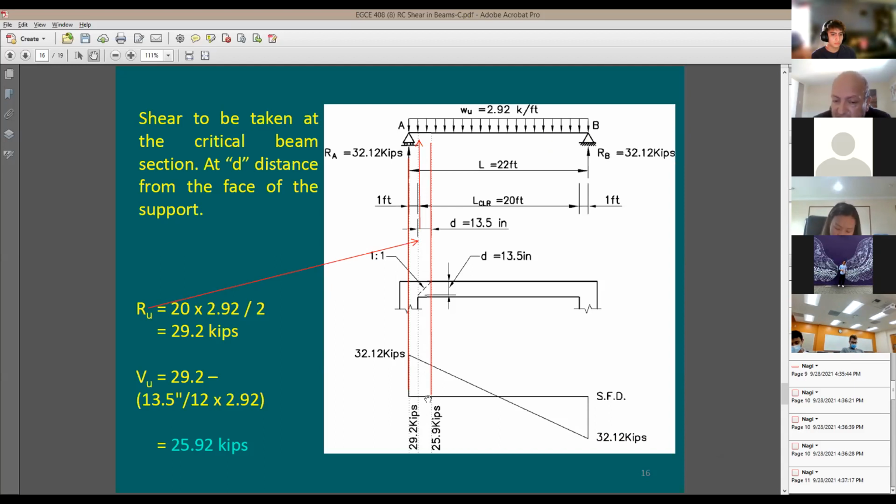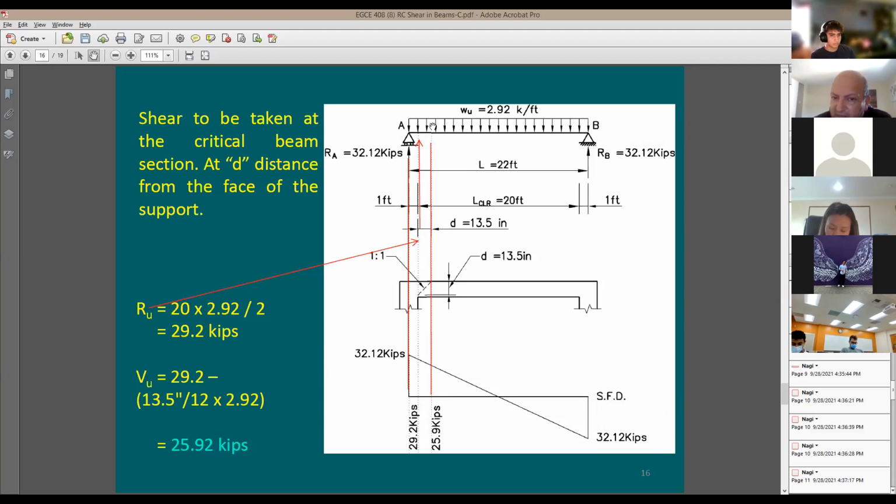How much is the shear right here at this point? I'm going to say the shear right here is equal to the shear at this point, 29.2, and then it's going to drop down by 2.92 for each single foot. This is the meaning of the load value 2.92 kip per foot. It means the shear is going to go down by 2.92 kip for each foot.